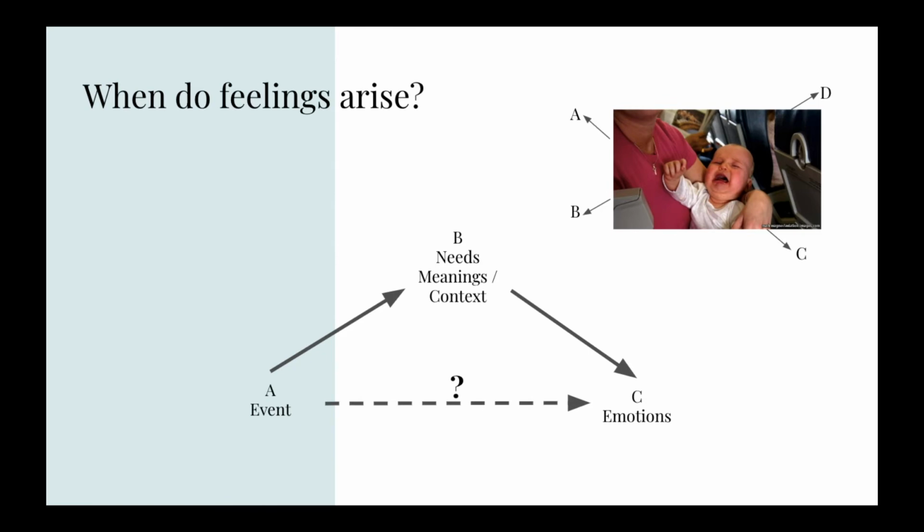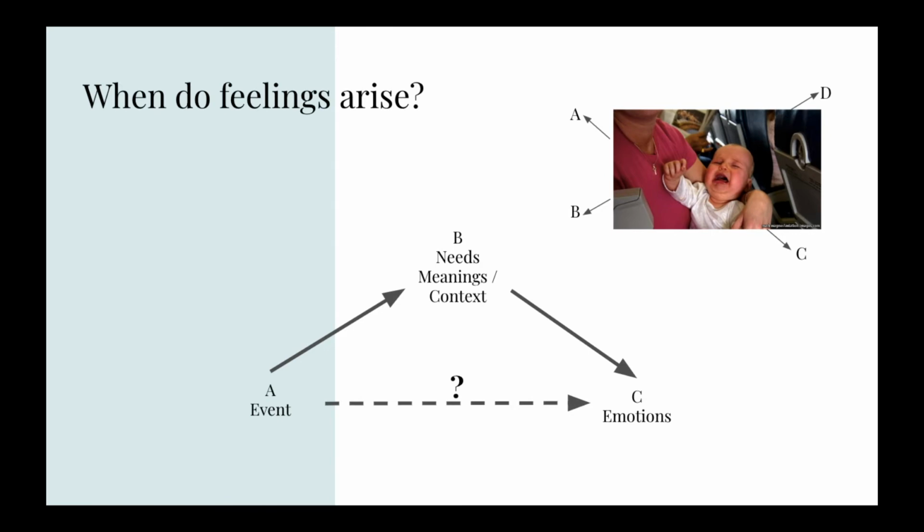Person B could be a mom who has raised three kids of her own, and when she hears a baby cry, this is the same event, but then her emotional reaction could be one of compassion for the mother who is having to look after the baby. Person C could be the flight attendant, and this person's emotional reaction could be one of worry for the other passengers.